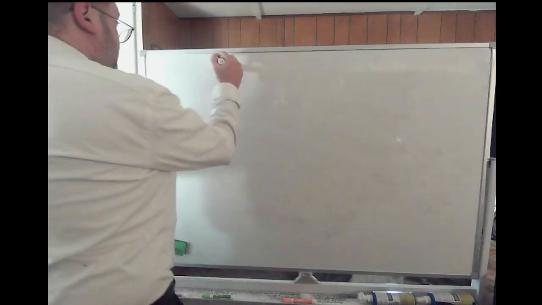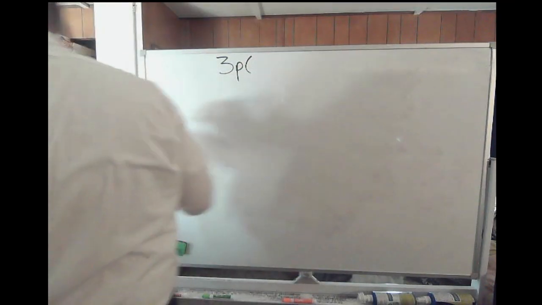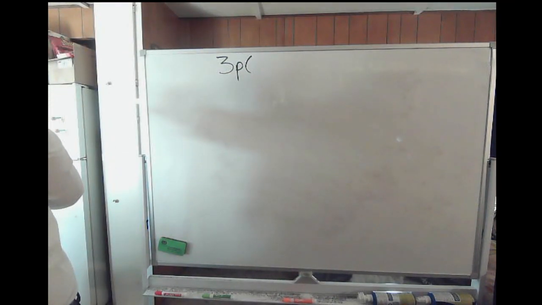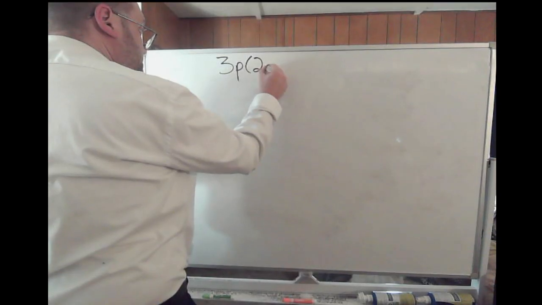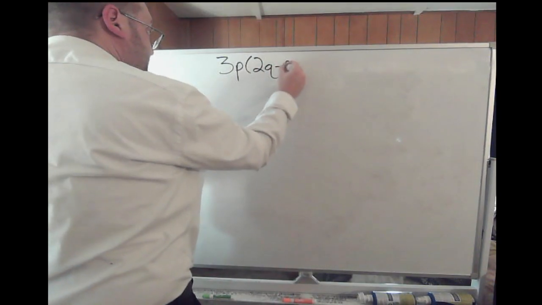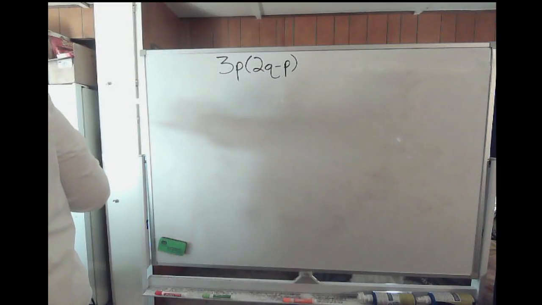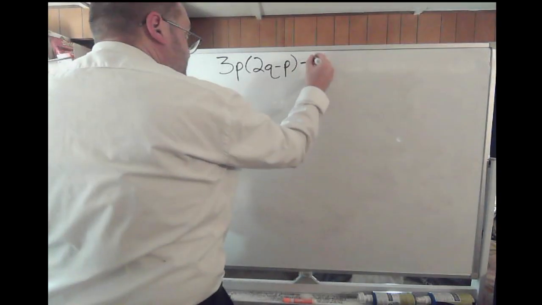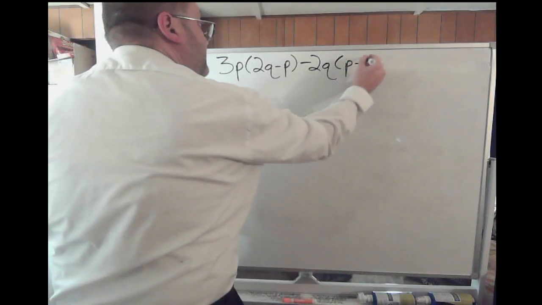Alright, let's see. We got 3p times 2q minus p minus 2q times p minus 2q.